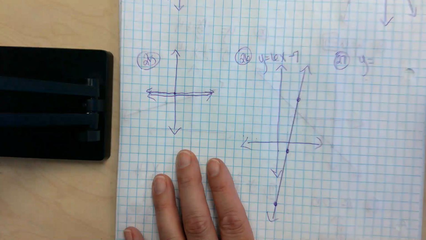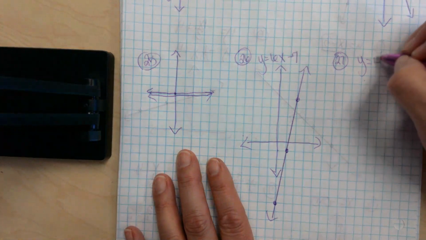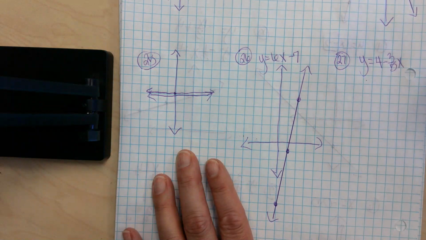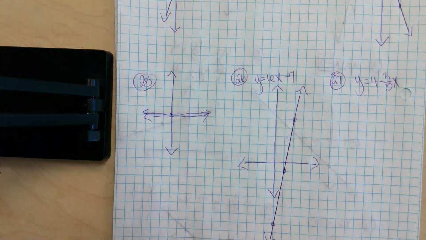27, y equals 4 minus 3/5 x. What's weird about this one? The x or the slope is behind the y-intercept, but are they on the right side of the equal sign?